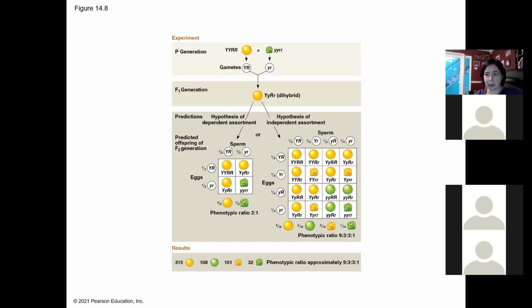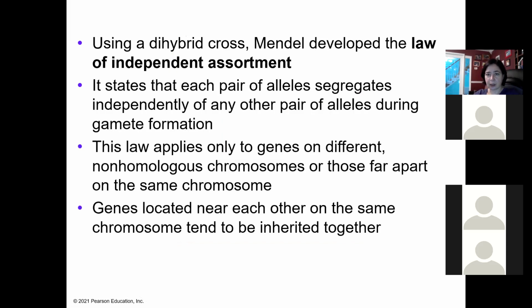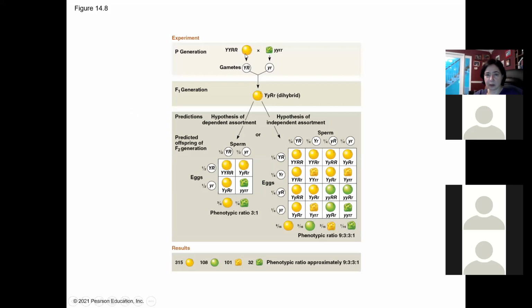What Mendel basically figured out from this dihybrid cross is the law of independent assortment. Independent assortment means the genes for color and the genes for shape do not in any way affect each other, right? They don't go together, they go independently. So independently means you can have a yellow color and wrinkled shape. You can have a green color and round shape, right?